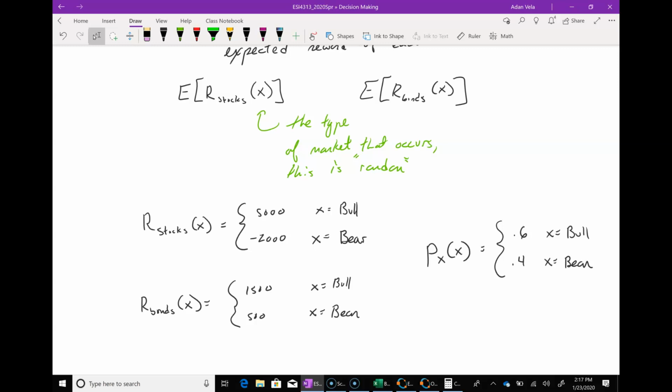So usually in a problem, these are the sort of pieces of information that you need. You need a probability distribution on the different events that can occur, and then the reward function for each of the decisions. Yes, ma'am? Is it not possible for it to be like a continuous variable? Absolutely, possibly half and half.